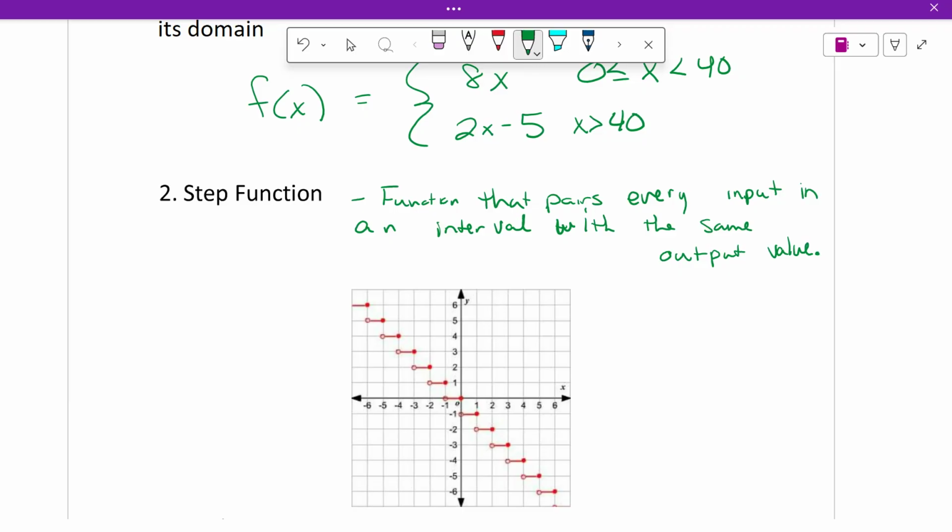So a step function looks like that. It's like stair steps going down or stair steps going up.